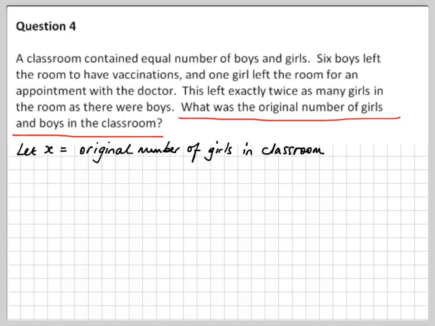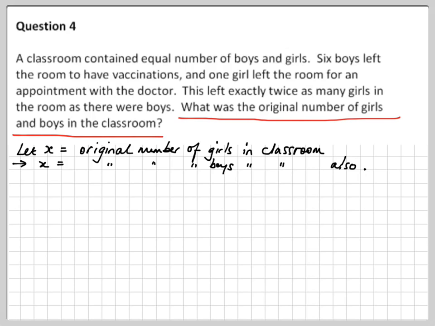Yes? And of course, if there's X girls, the first sentence said that there's equal numbers of boys and girls. So therefore, we've got to have X boys in the classroom also. Okay? Now we've got to fiddle with the other information they give us to make an equation which we can solve for X. Okay? So look, just chunk it down bit by bit.